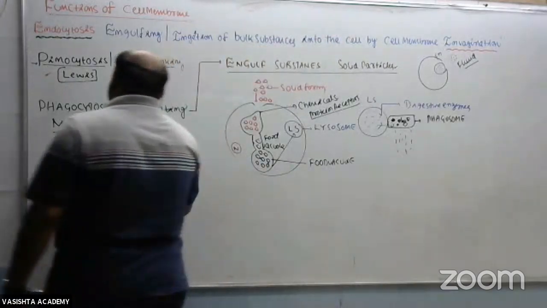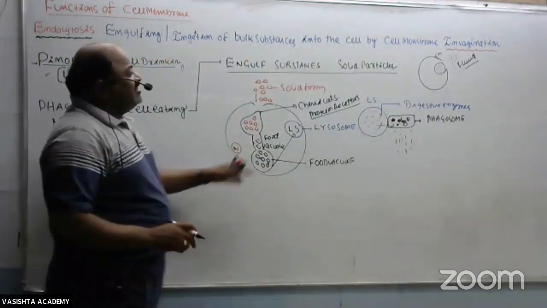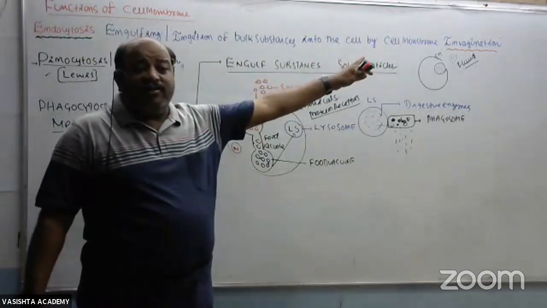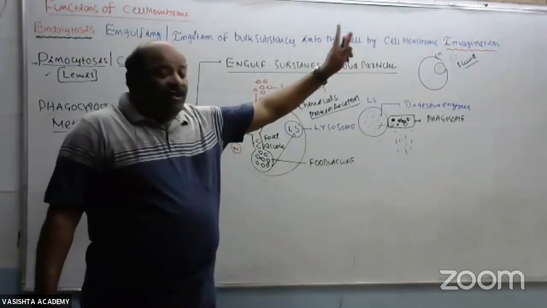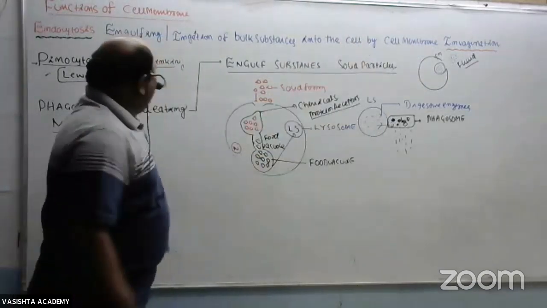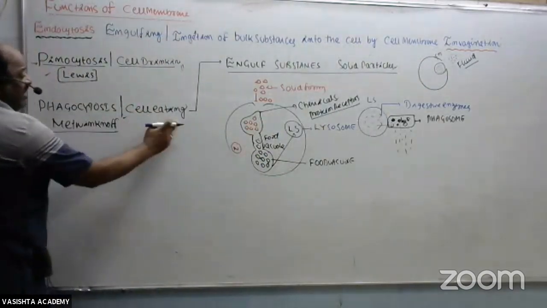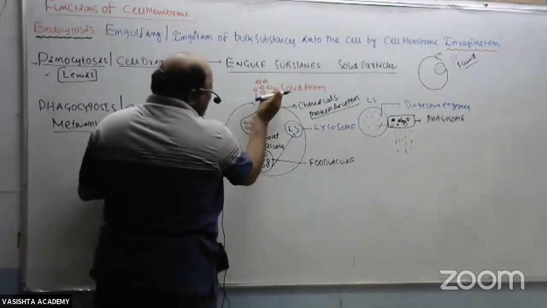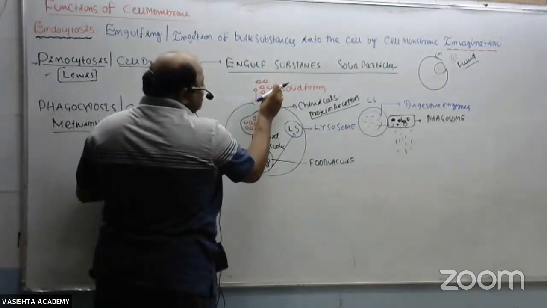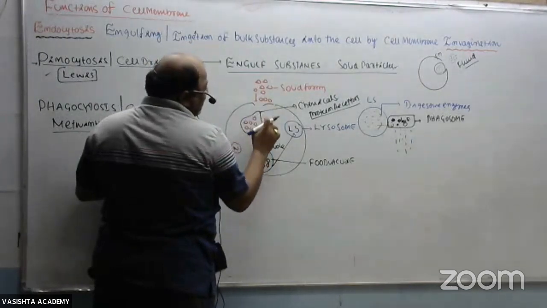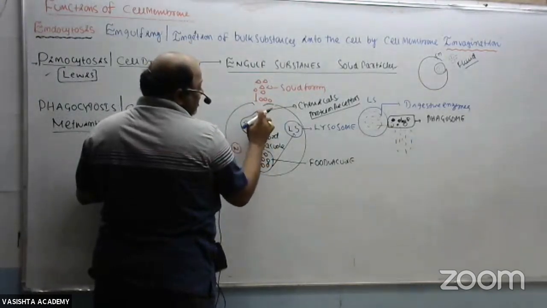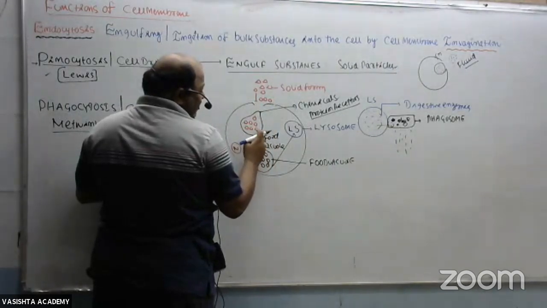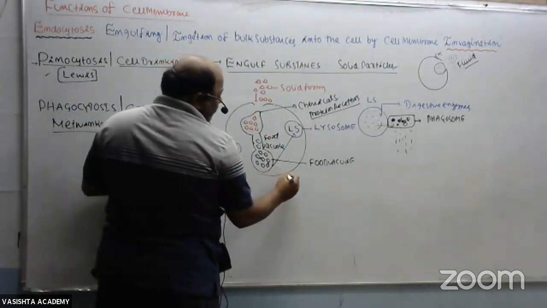Next, the other process is phagocytosis. In pinocytosis, the substances enter in the form of fluid or liquid, whereas in the phagocytosis process, or cell eating process, the substance is engulfed in the form of solid particles. If the solid particles enter, they bind with the vacuole and become food vacuoles.